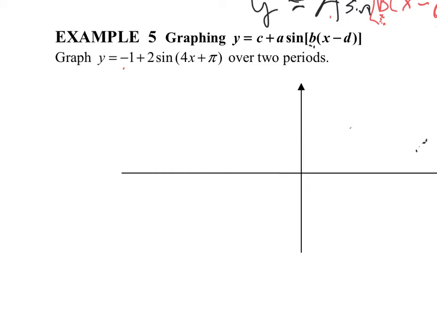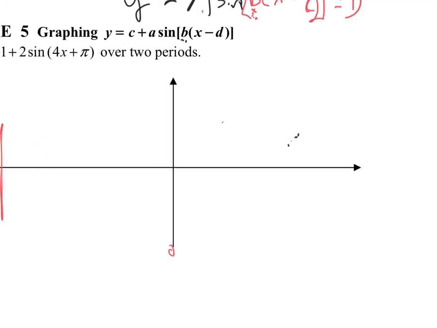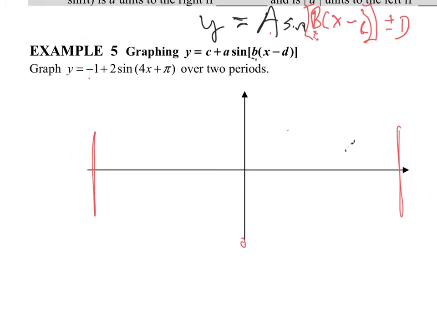If he wants 2 periods, if this is your 0, you could literally do a period to the left, and you could do a period to the right. If you wanted to, that's still 2 periods. I don't know what the textbook technically does. I'm not too concerned, to be totally honest with you.